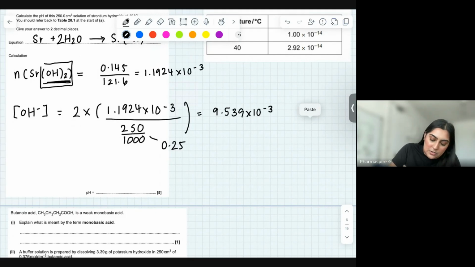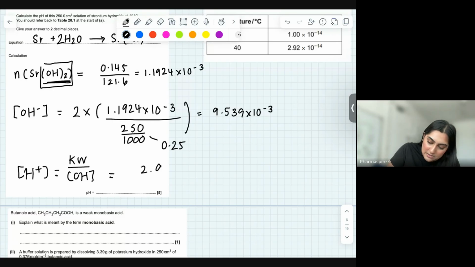Now we've got a Kw. We can work out what H plus is. Everyone's already ahead of the game. So you do H plus equals Kw over OH minus. So we get 2.92 times 10 to the power minus 14 over 9.539 times 10 to the power minus 3.